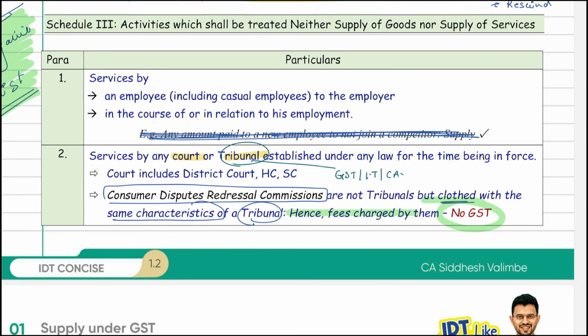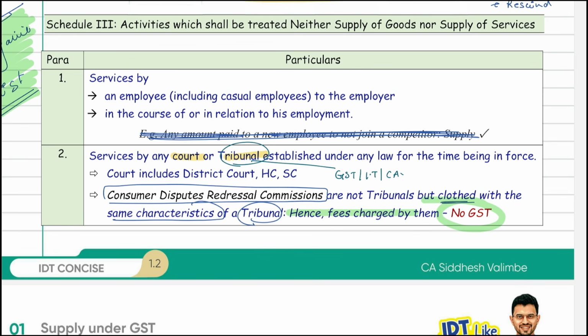Then I will cover the balance 2-3 paragraphs. Quick. One and two done.